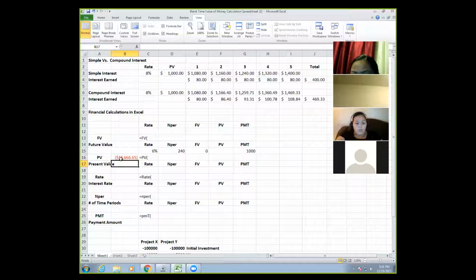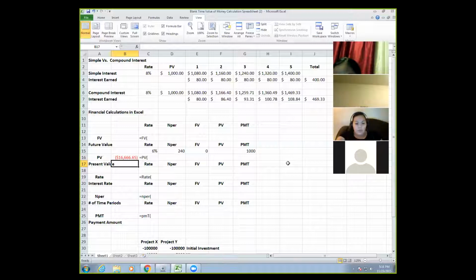So this supposedly tells me that I should be willing to pay $16,000 for this particular annuity. And I know that's not correct, because over the course of 20 years, 240 times 1,000, that means I'm going to be getting $240,000 over the course of 20 years.